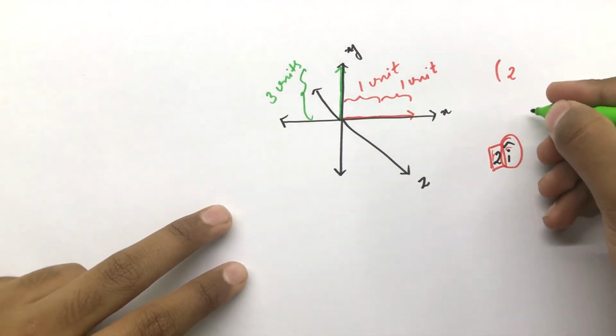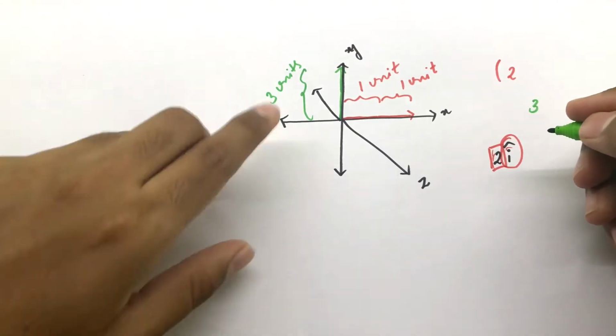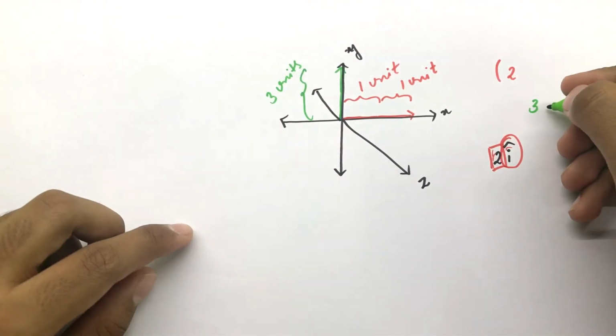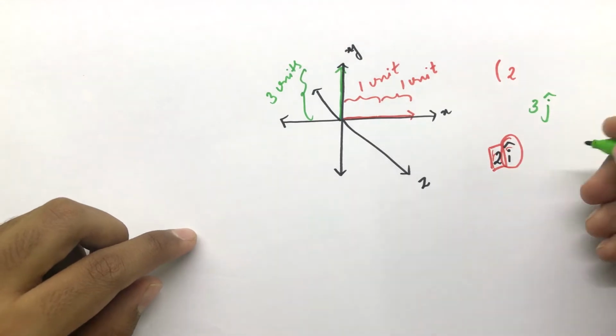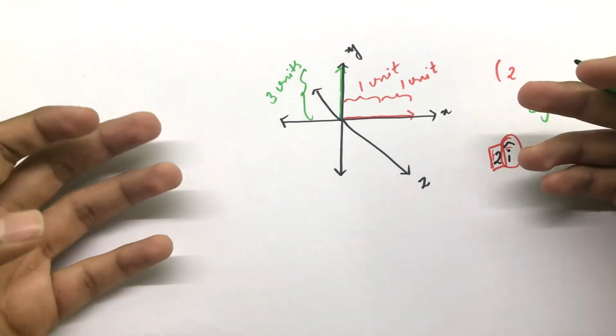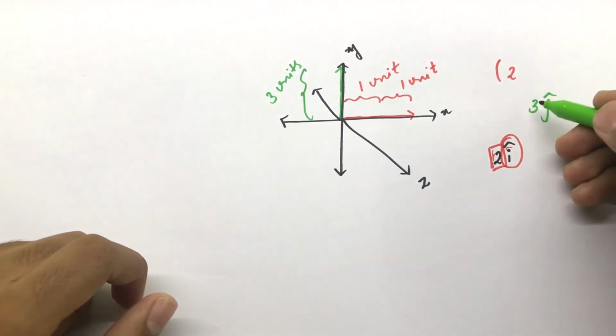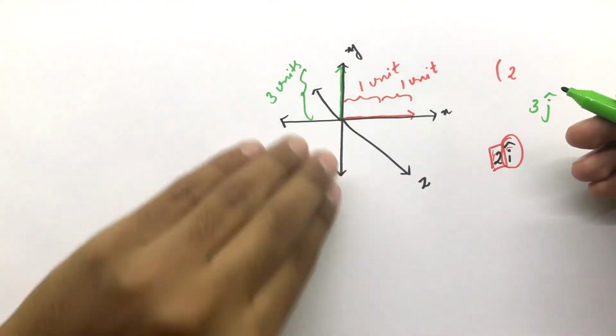So the scalar part happens to be 3. Now it's along the y-axis, so I put a j cap along with it. So this is the scalar part or magnitude or length of the line, and this j cap is basically telling you that it is along y.